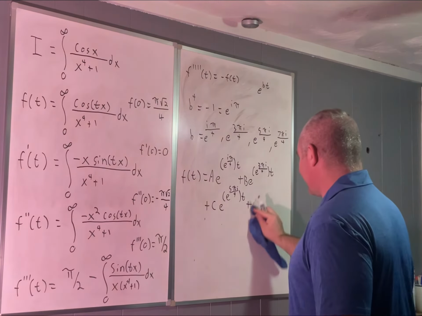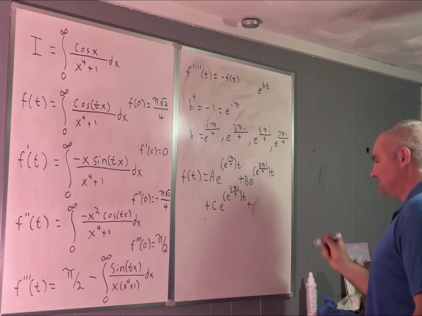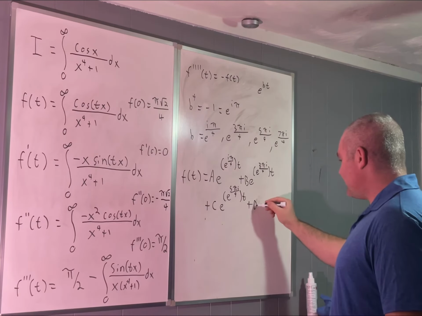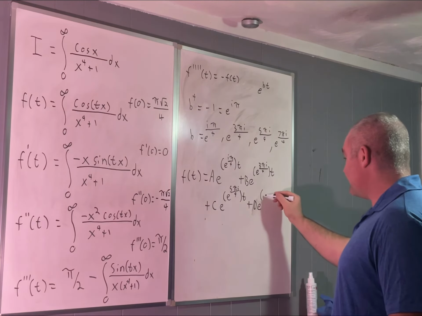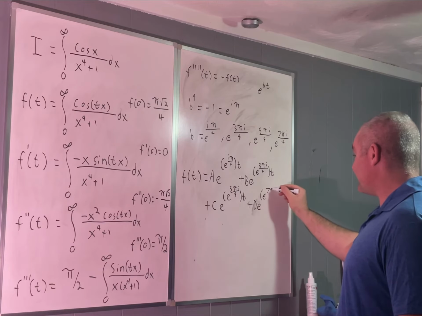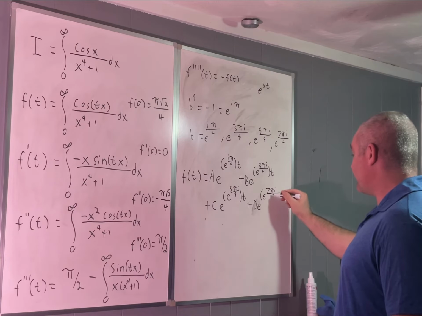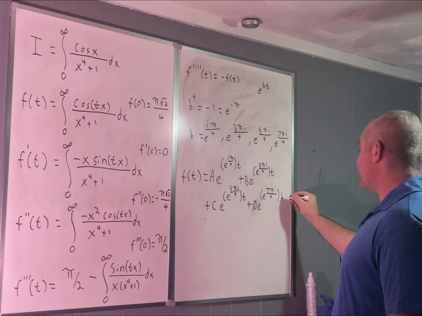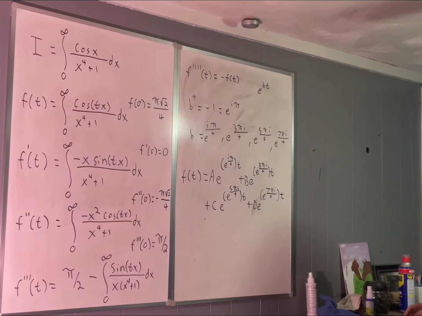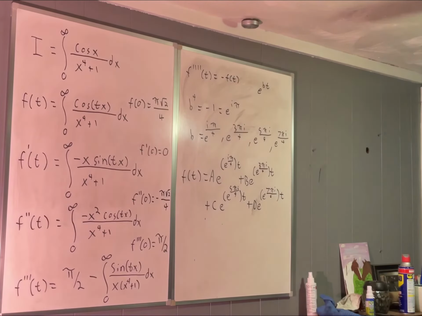And you can see this is going to get extremely messy very quickly. d times e to the 7 pi i over 4 times t. Okay, there's our general solution to our differential equation.